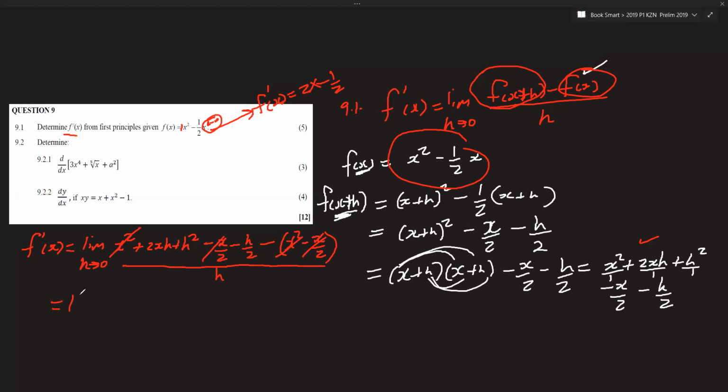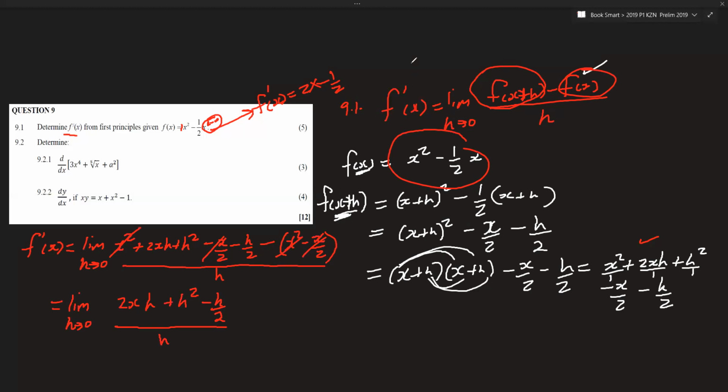Then now we can have limit as h approaches 0. We're left with 2xh plus h squared minus h over 2, and then all over h.